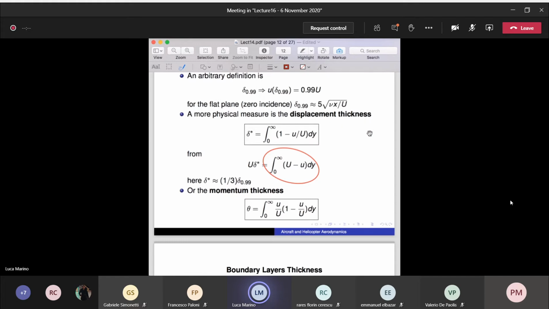Without the boundary layer, you have a given amount of mass flow rate at, for example, 1 centimeter, okay? To have the same mass flow rate, you have to displace this point by a given quantity, which is delta star. This is the reason that delta star is named displacement, okay?